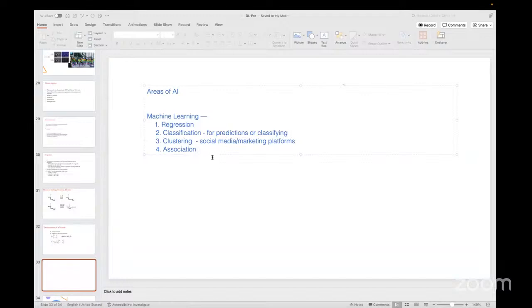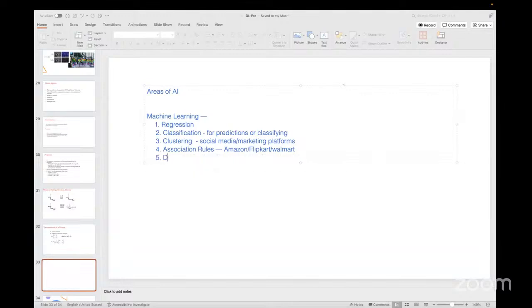Then we teach association rules. This is used by Amazon, Flipkart, Walmart, those kinds of companies. They use association rules.